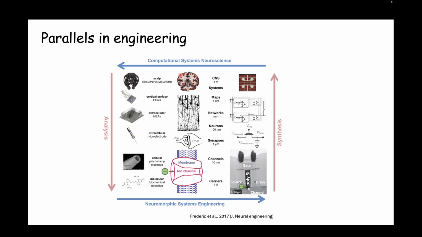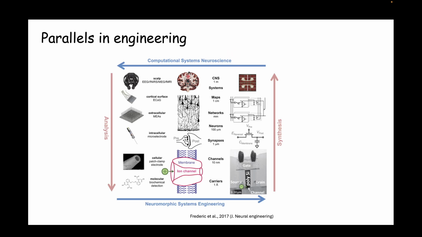A parallel is drawn with that: on the right you see the analysis levels, where at the whole brain you can use EEG, fNIRS, which is near infrared imaging, and fMRI to study the brain non-invasively at large scale. Then you have cortical electrodes and microelectrode arrays which can record from depth. Then at cellular levels you have these recordings.